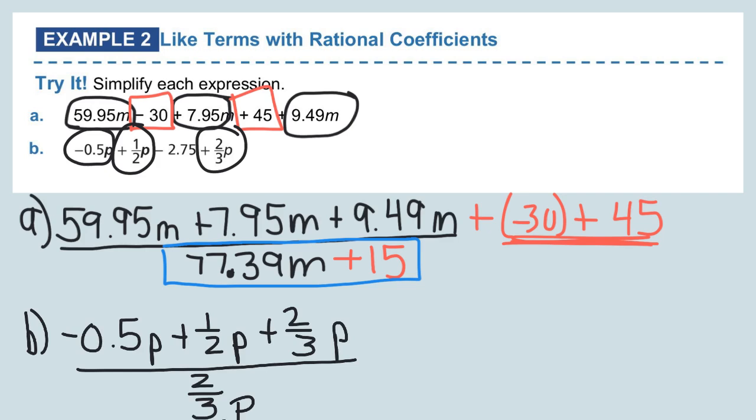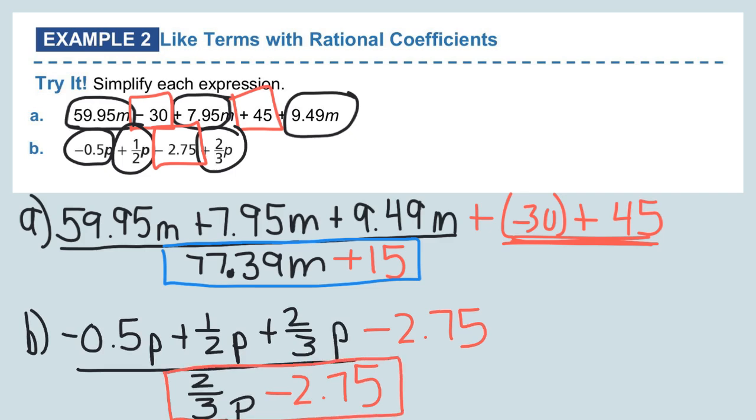If it did, it was a repeating decimal. It'd be 0.66666 till the end of time p. Added to that, I only have one constant, which means it just gets attached. These are totally fine separate. That is your simplified answer. Go ahead and give yourself a star should you have had it, or fix it if it was not correct.